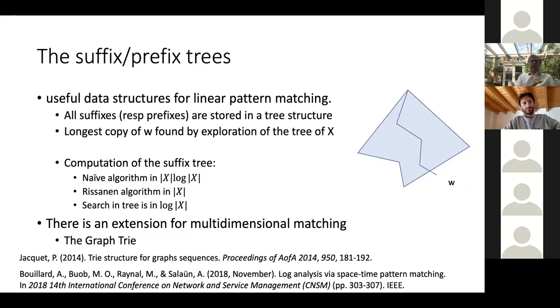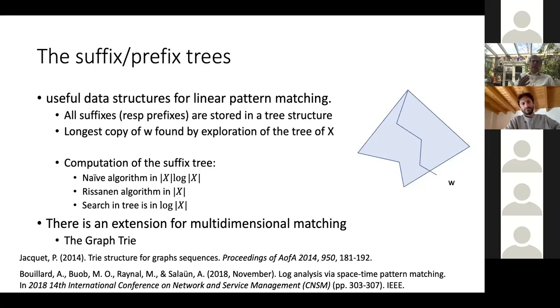Something which is very useful when you do pattern matching is the suffix and prefix tree. It is a data structure. To avoid checking every position for whether there is the symbol W and how many times it occurs, there is one simple way: build a tree structure of all suffixes or prefixes of the text.